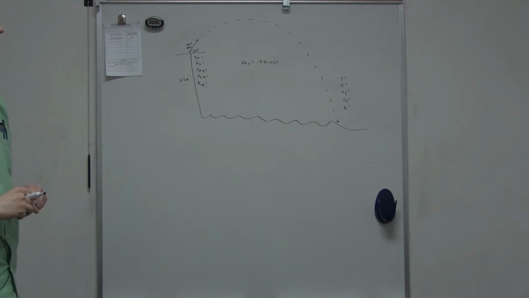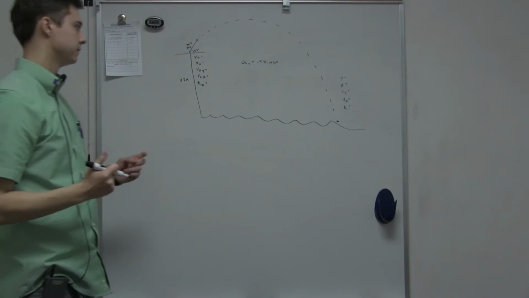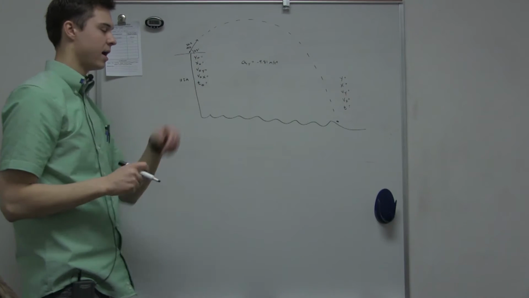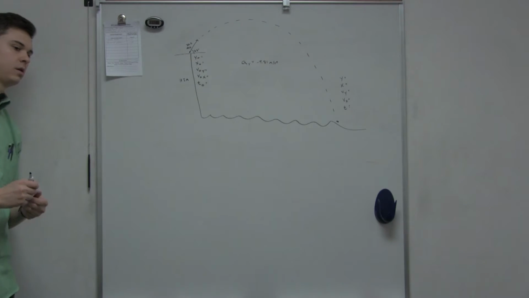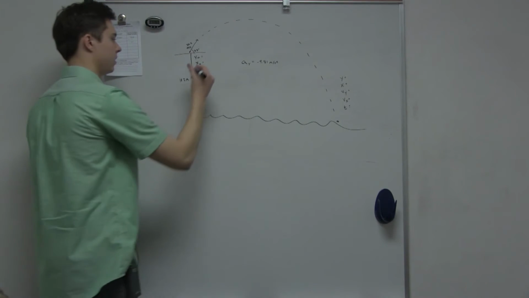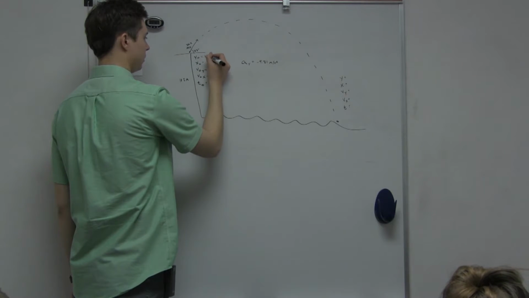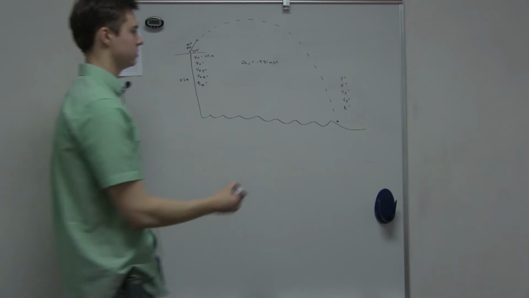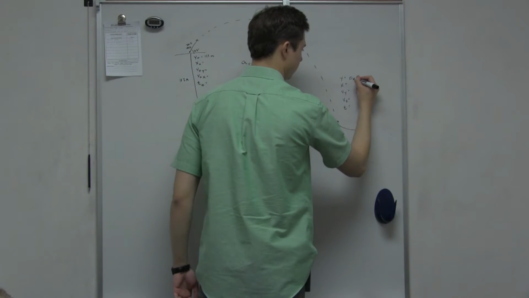Okay, so now let's start filling in other values that we're aware of. So what would be a good number to put for y naught? Where is our object in space? 112. Good. So that's 112 meters above the water. So we can call the water our 0 mark. So let's go ahead and put a 0 over here.